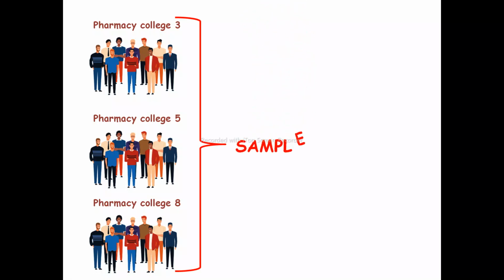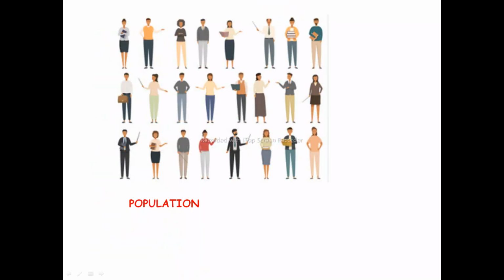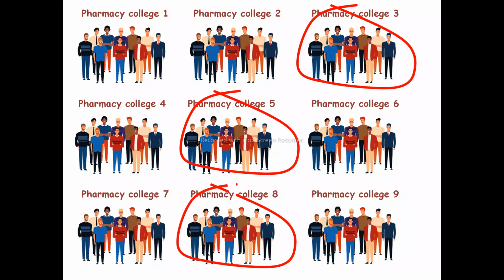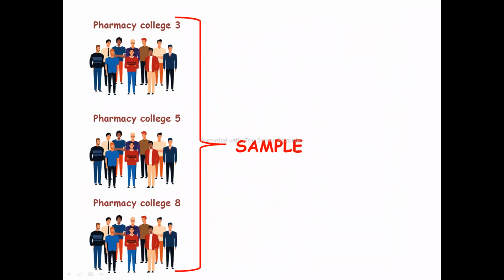Okay, so let me revise what we did. First of all, I selected my population, that is the pharmacy teachers of Karnataka. Then I divided these pharmacy teachers into different clusters according to their colleges. Next, after dividing them into clusters, I randomly selected a few clusters, and this will become my sample.